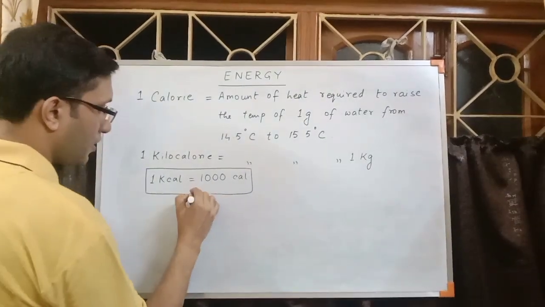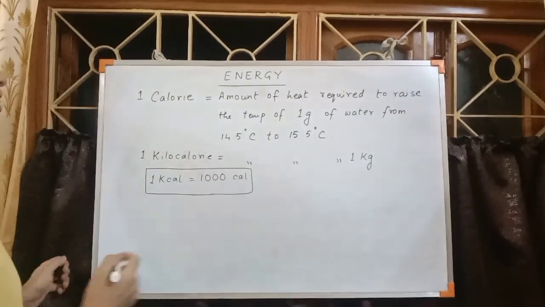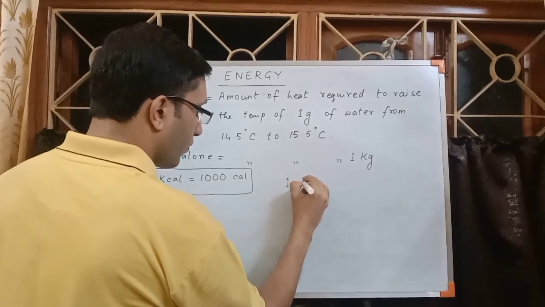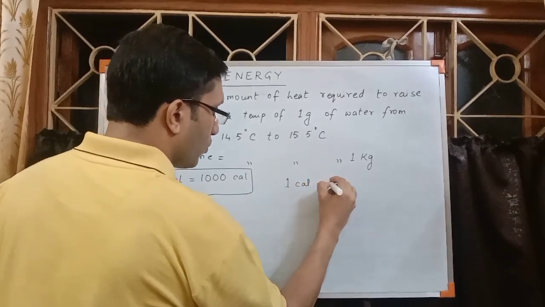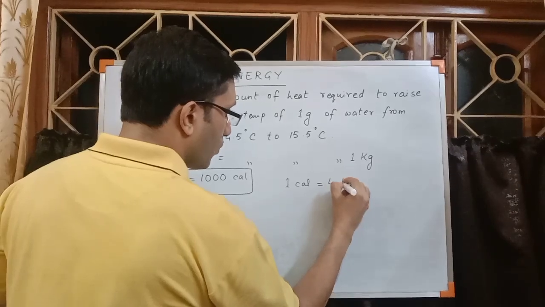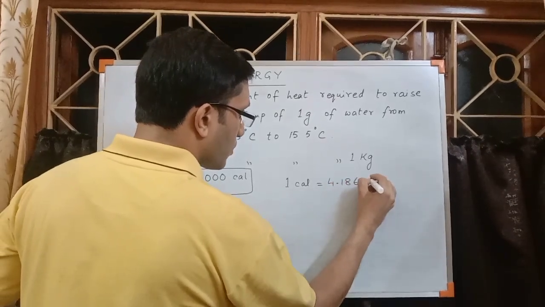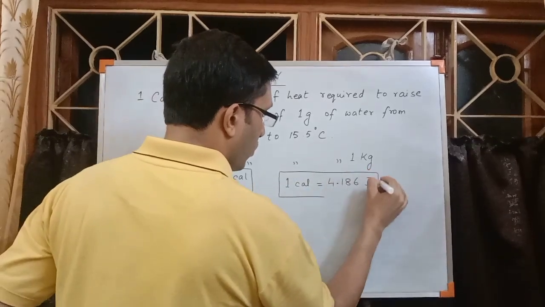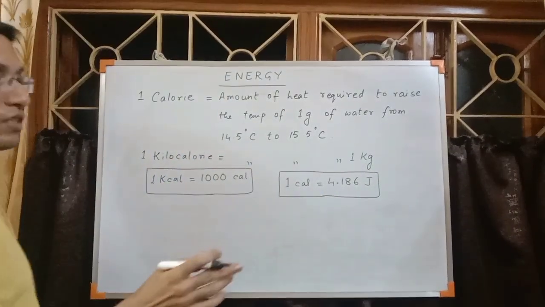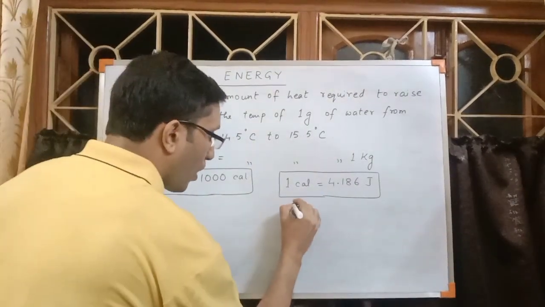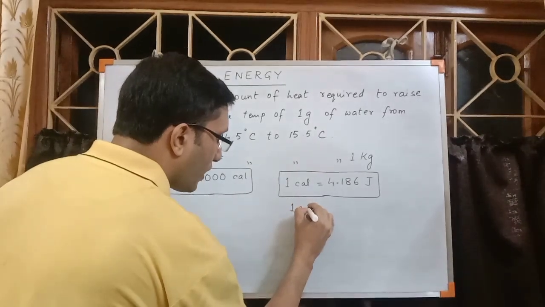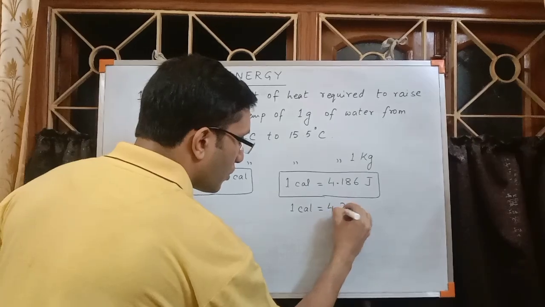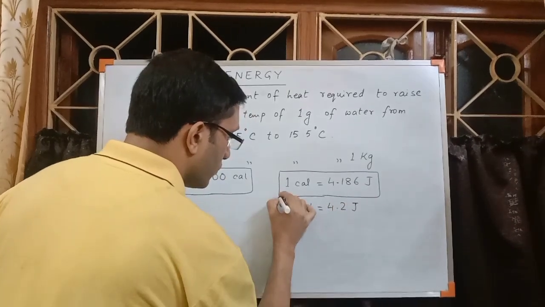Now what is the relation between calorie and joule? Let's see. 1 calorie is equal to 4.186 joule. Or sometimes, in order to simplify our task while solving numericals, we round it off and write 1 calorie is equal to 4.2 joule.